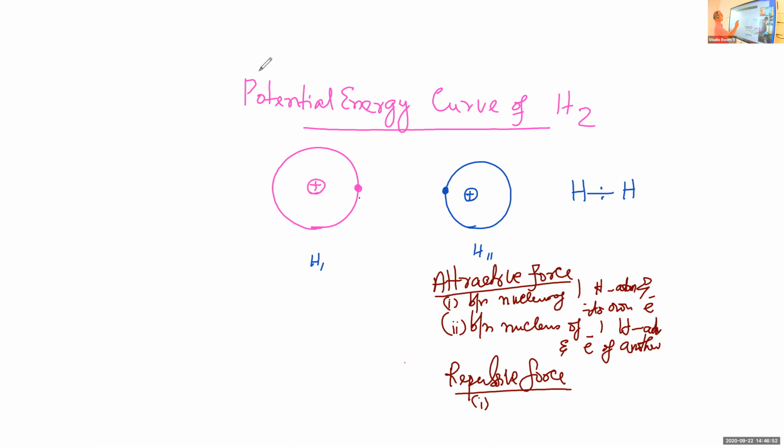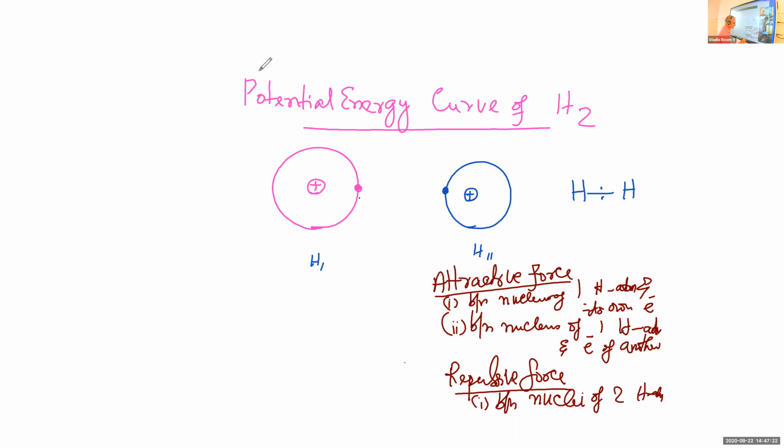So there will be repulsion between the positively charged nuclei of the two hydrogen atoms. That is one repulsion: repulsion between the nucleus of H1 and the nucleus of H2. Okay, that is one repulsive force.